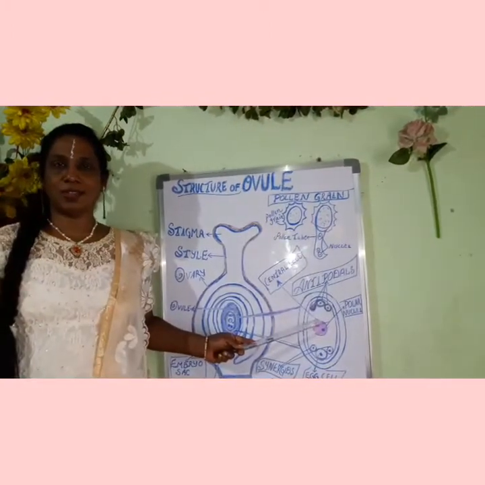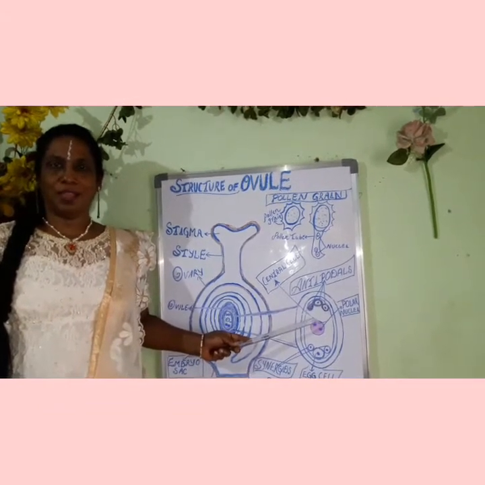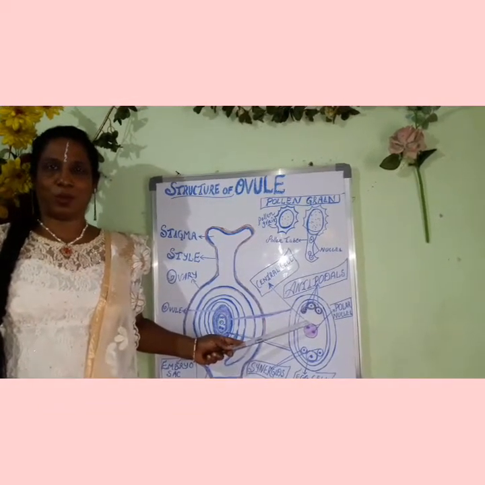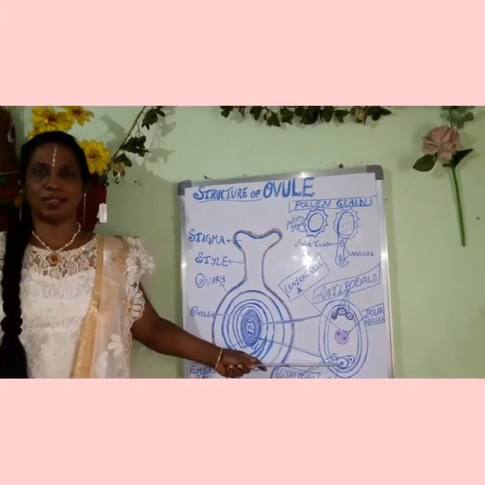These 2 nuclei are called polar nuclei, and the other one is called the egg cell.